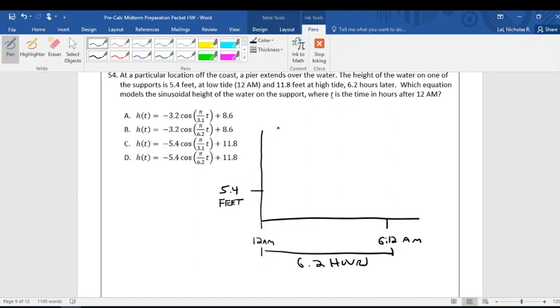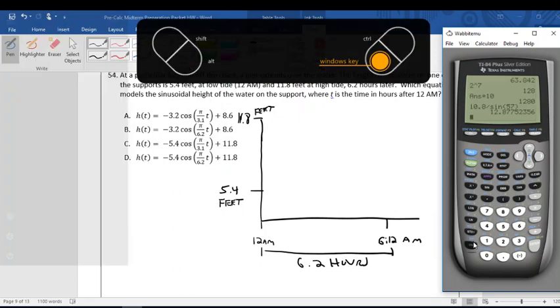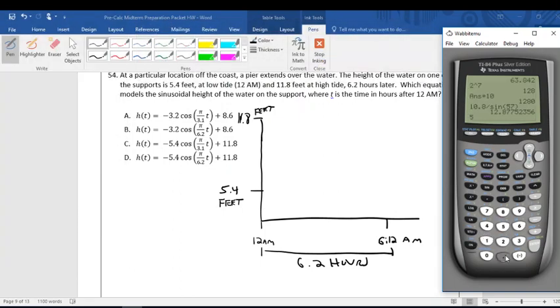And we're at 11.8 feet 6.2 hours later. So we're at 11.8 feet. The midpoint is going to be the average of the two, so we can do 5.4 plus 11.8 divided by 2.